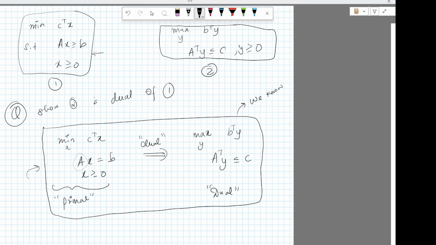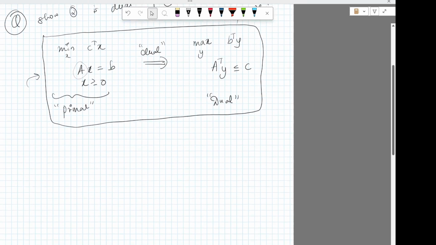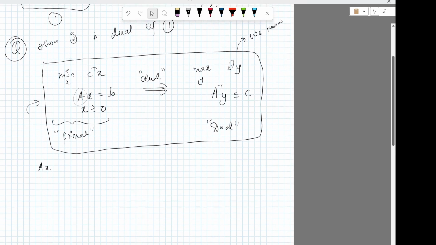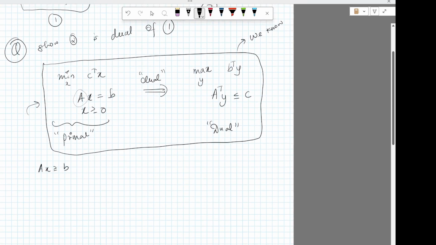So here we have an inequality constraint, and to convert it into an equality constraint we need to add some slack variables, and we also need to make sure that all the variables are positive. So I have Ax greater than or equal to b. Write it as Ax equal to b plus z, where z is in Rm.